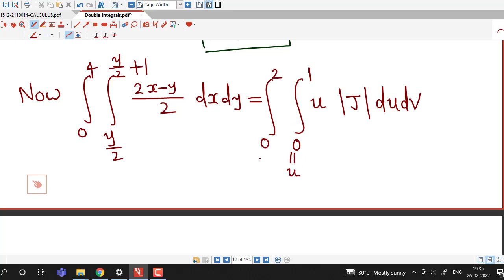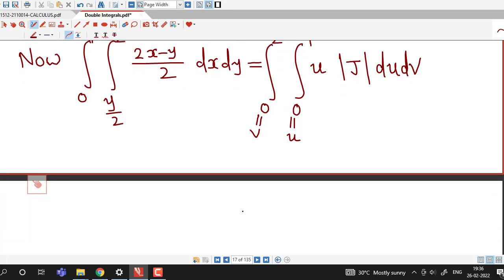These are the limits of u, these are the limits of v. So this double integral in terms of x and y was over a non-rectangular region, and using the change of variables formula, this integral is converted in terms of u and v and over the rectangular region.